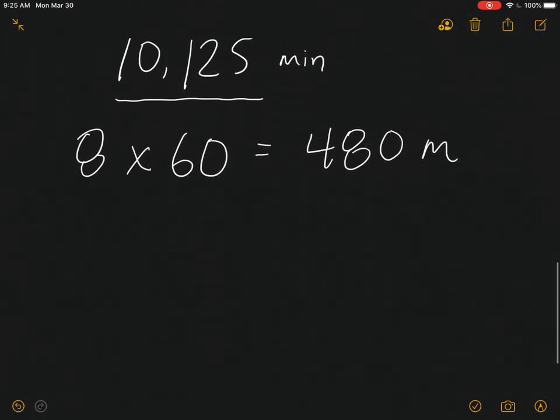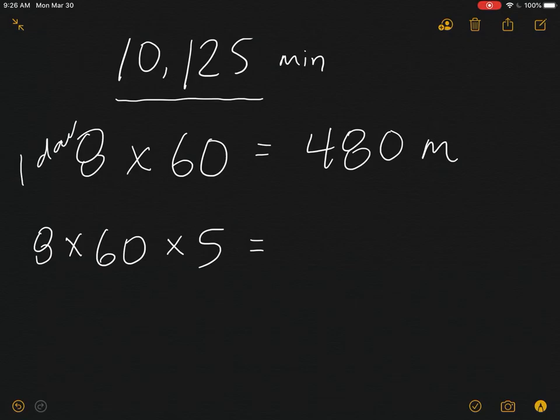So just like up here with our ERs, when we had times 5 days, we need to do the same thing for 480. So our new equation becomes 8 times 60, 8 hours times 60 minutes times 5 days. Okay, so this is 1 day.